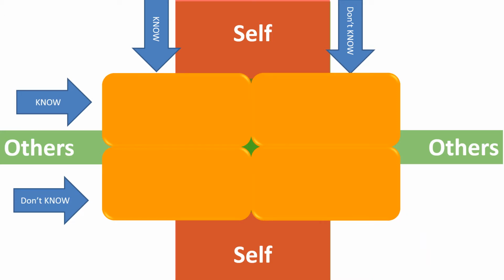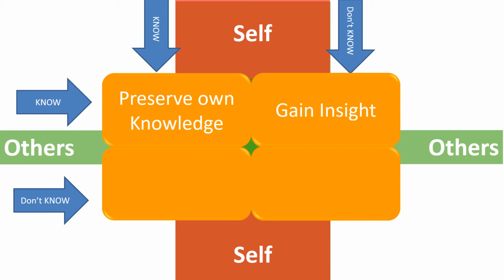When we look at quadrant 1, in this quadrant we preserve our own knowledge. Quadrant 2, we gain insight. Quadrant 3, we share insight. Quadrant 4 is where we grow insight.